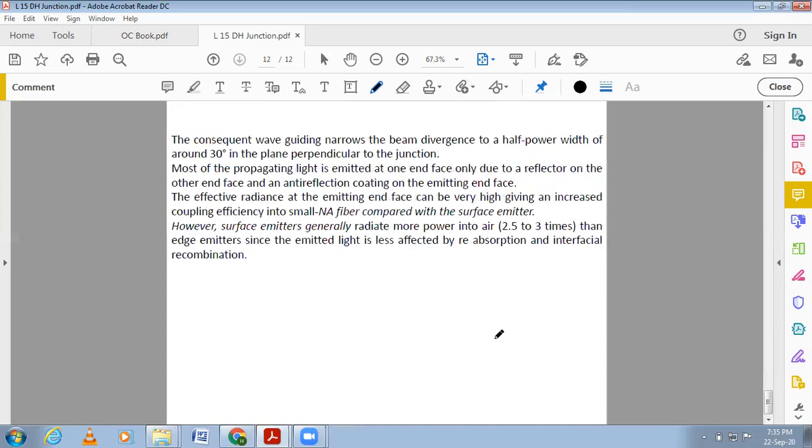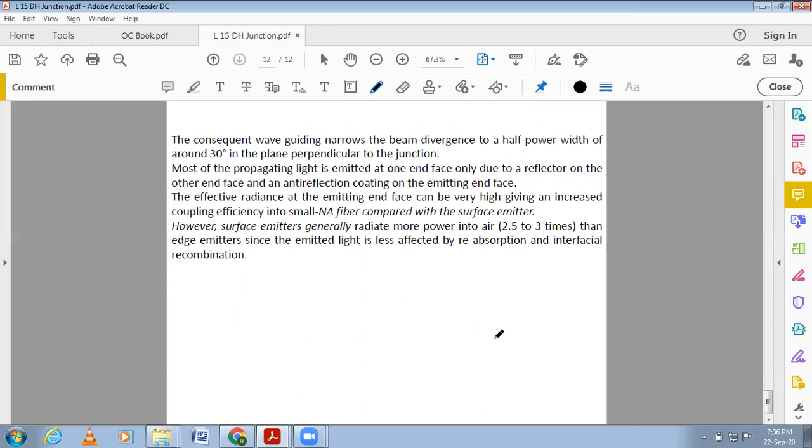So the consequent waveguide narrows the beam divergence to a half power width of around 30 degrees in the plane perpendicular to the junction. Most of the propagating light is emitted at one end face only, due to the reflector on the other face and an anti-reflection coating on the emitting end face.